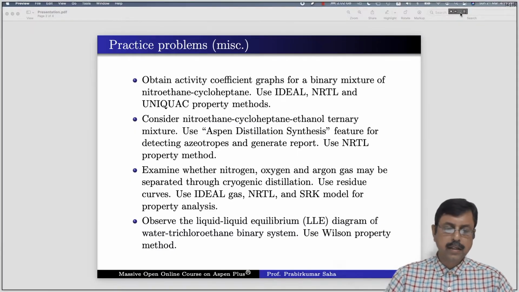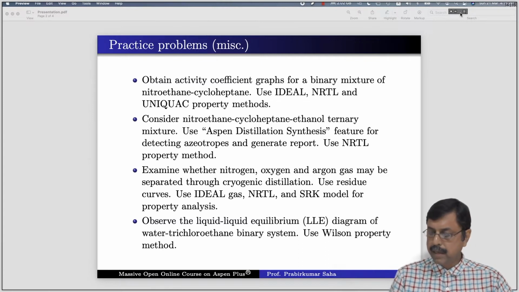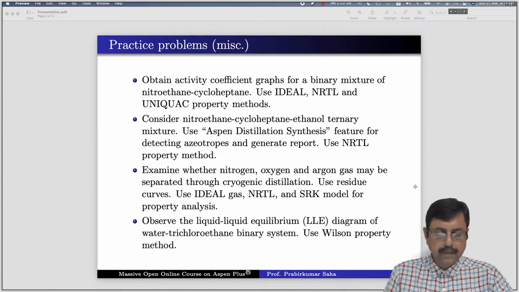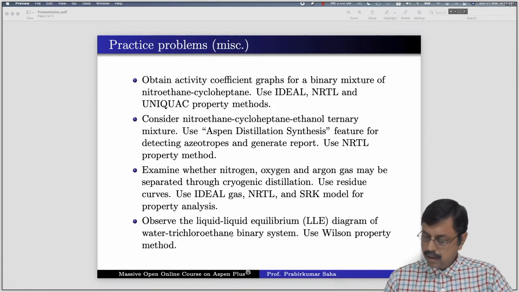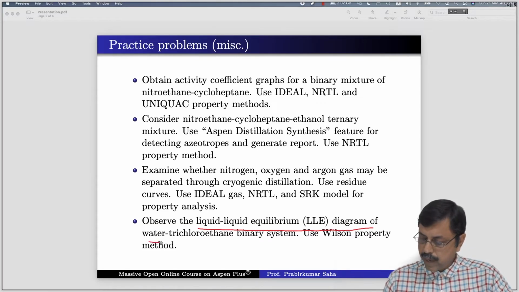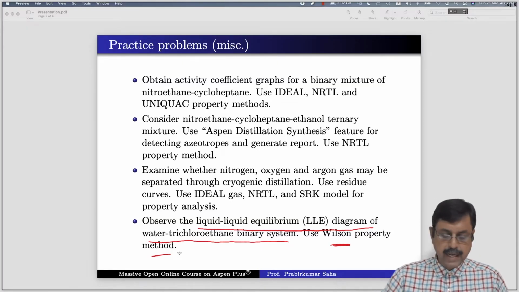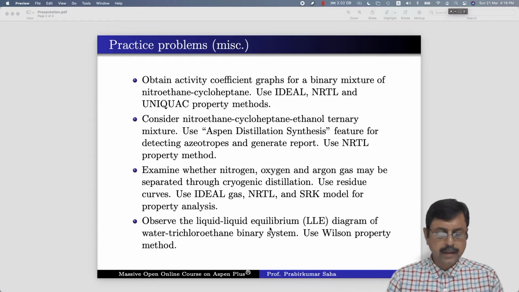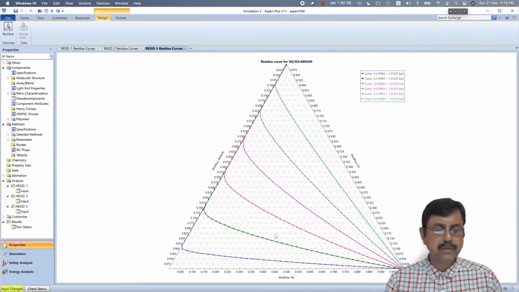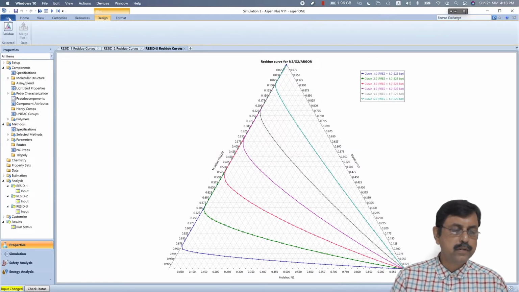And then the final practice problem that we have is about observing the liquid-liquid equilibrium diagram of the water trichloroethane binary system using the Wilson property method. For that, let us again go to the Aspen simulation window and open a new simulation.